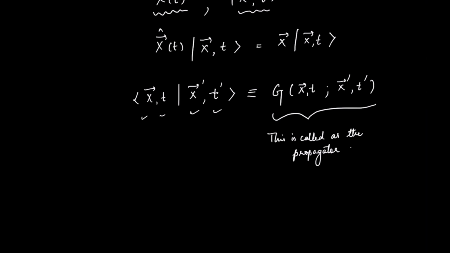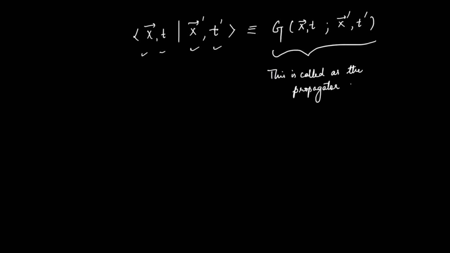And if we want to find the wave function at time t in the Heisenberg picture, it is defined as <x t | psi>.